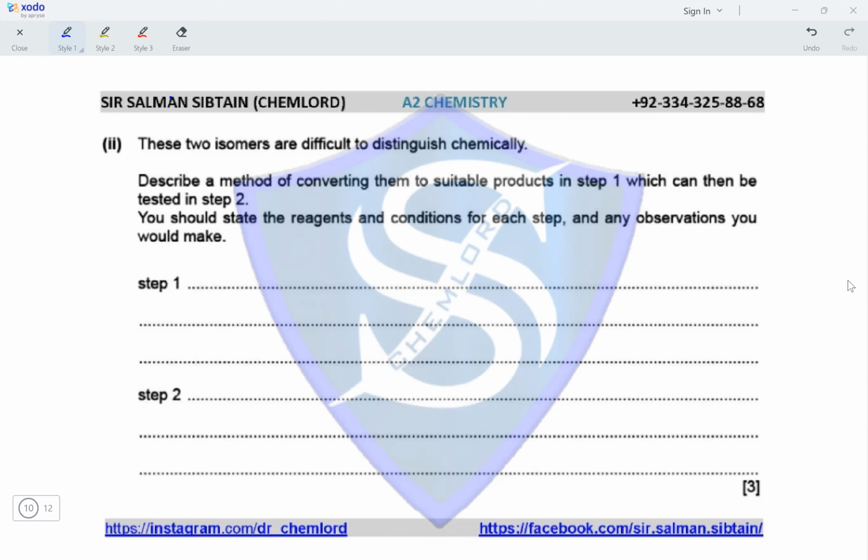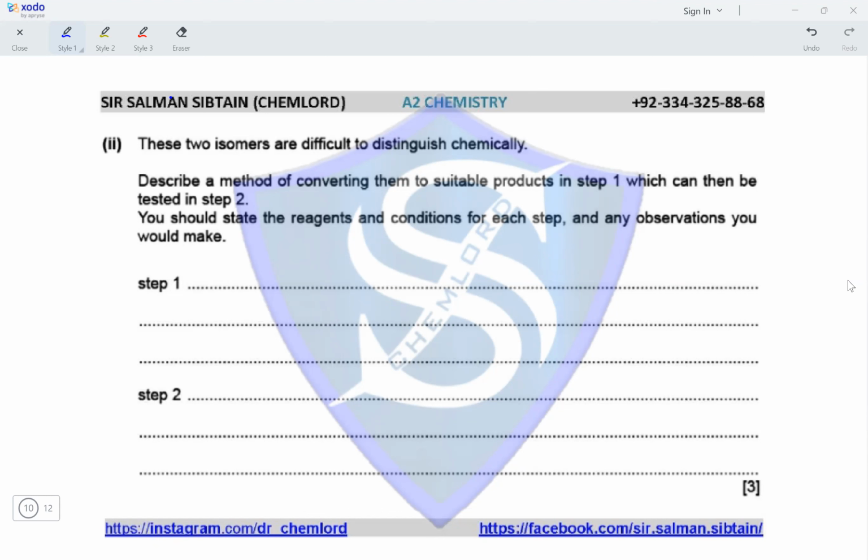If we hydrolyze the esters, we end up with a phenol molecule for phenyl ethanoate, and the other one is methyl benzoate. So we end up with benzoic acid and methanol. For phenyl ethanoate, we end up with phenol and ethanoic acid.